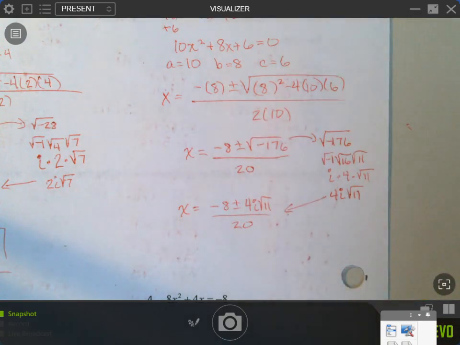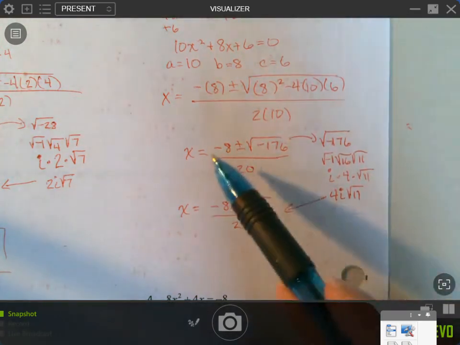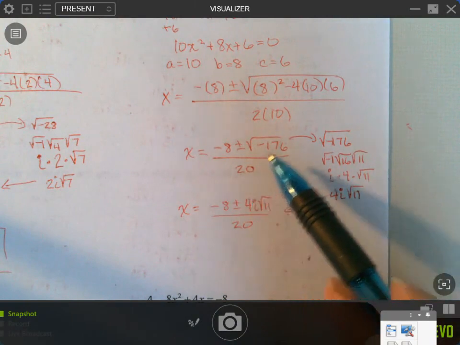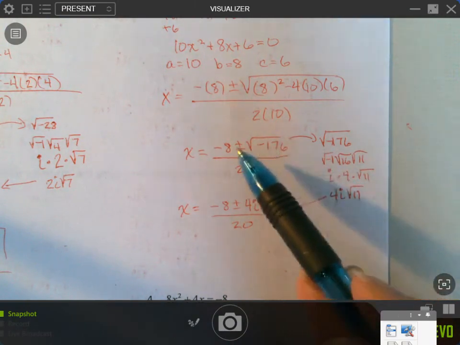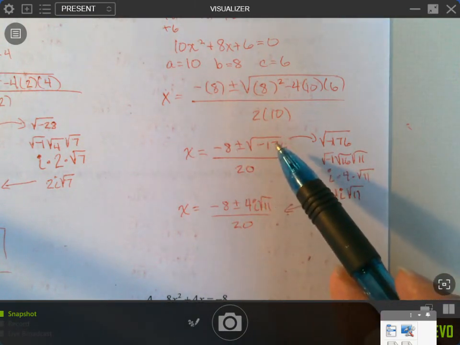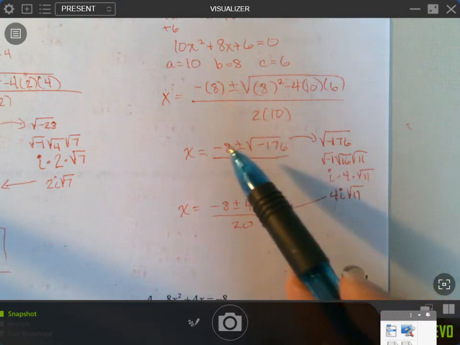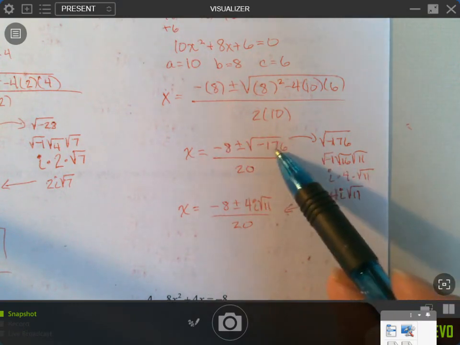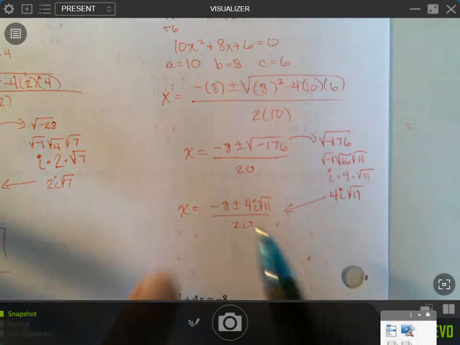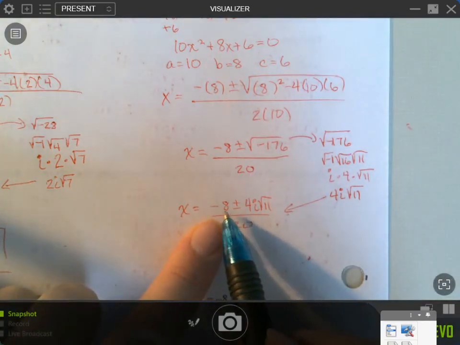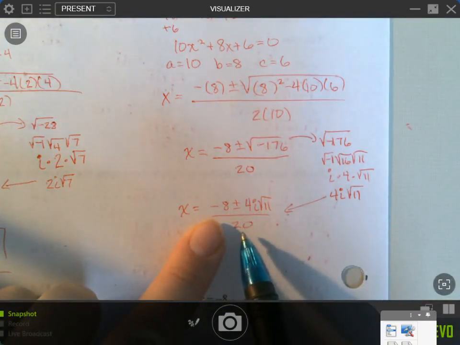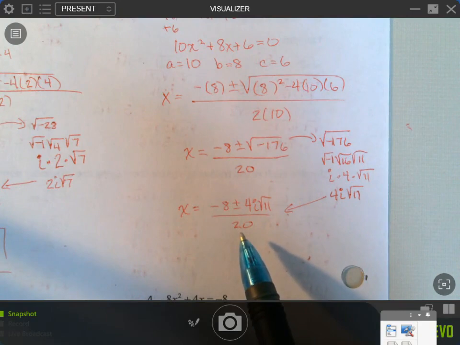So I'm going to stress this again. You cannot reduce the -8 and the 20 because you can't take something out of here. You can't divide all of these by 4. I can't touch reducing this fraction until I break this down. Now that it's broken down, I have to have a common factor in 1, 2, 3 terms. So we've done this before, but it's where lots of mistakes are made.